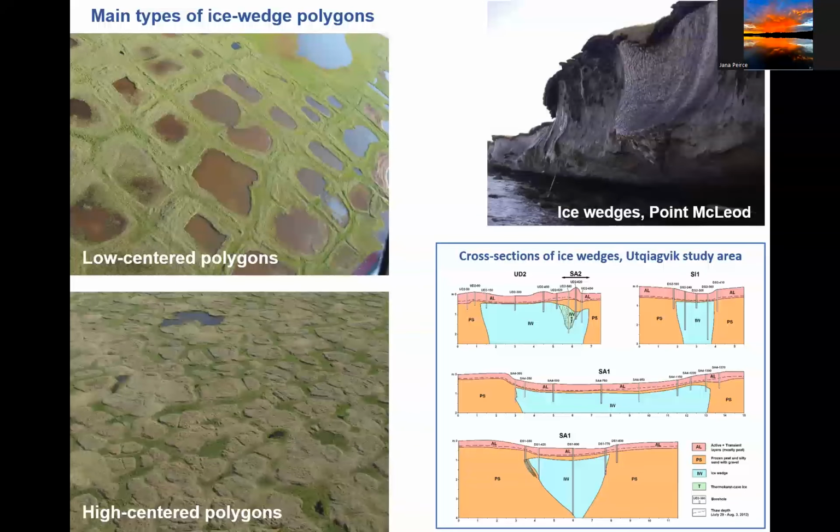There are two main types of ice wedge polygons. In reality, it's a little bit more complicated, but just for simplicity, let's consider low-centered polygons and high-centered polygons.